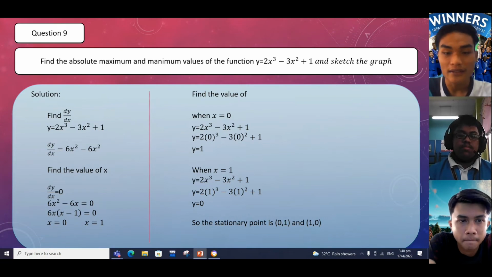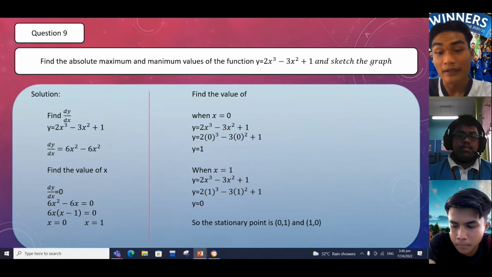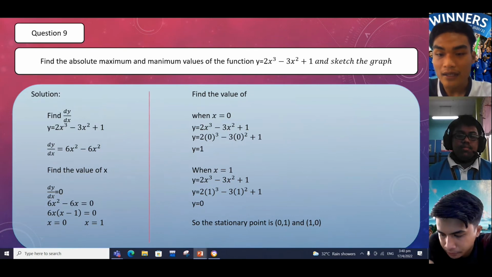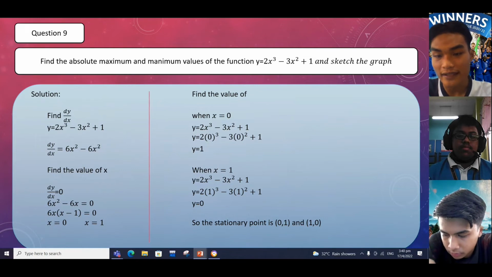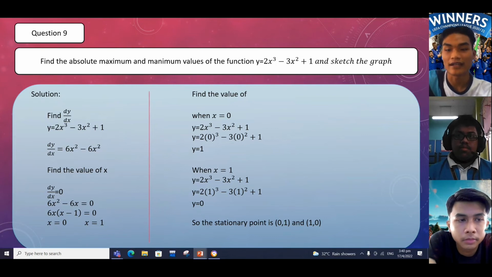So y equals 0. So the stationary points are bracket 0 comma 1 and bracket 1 comma 0. So for the next slide, I give it to Mirza to explain.